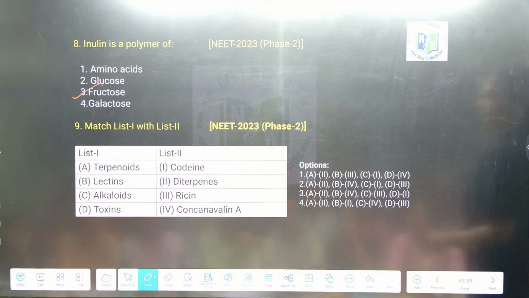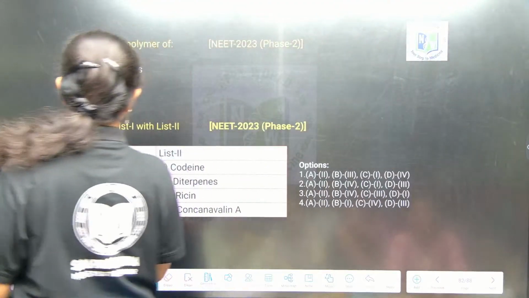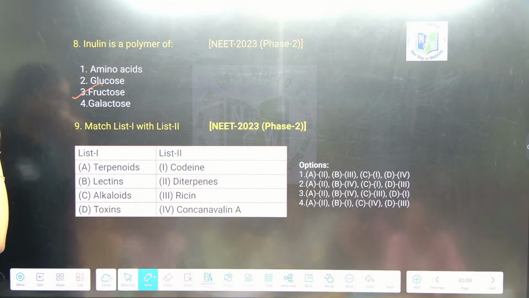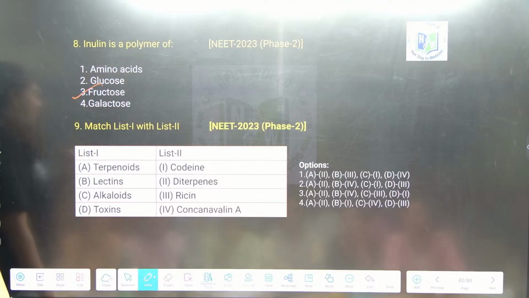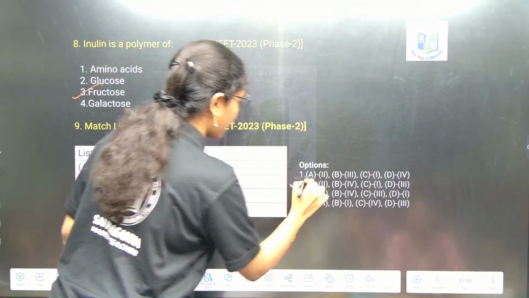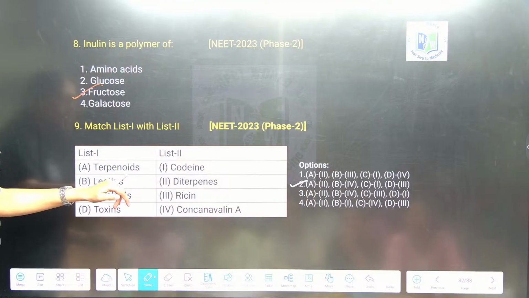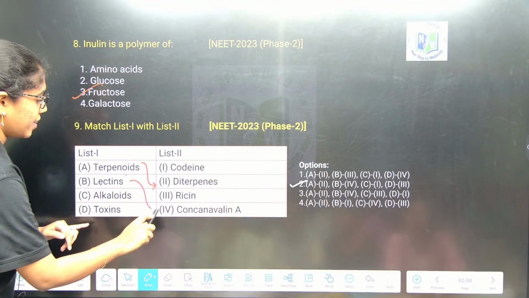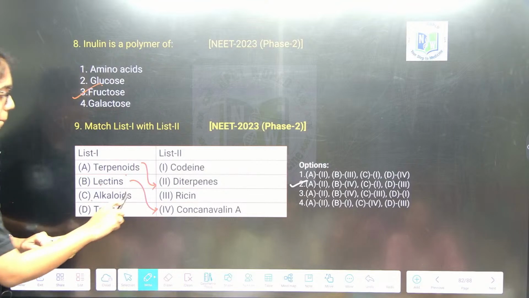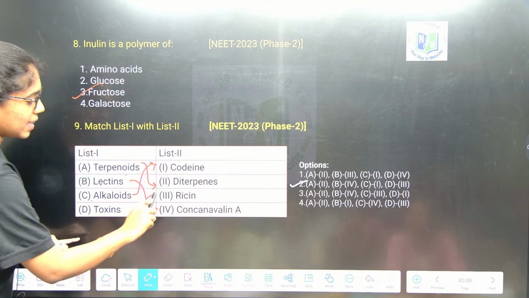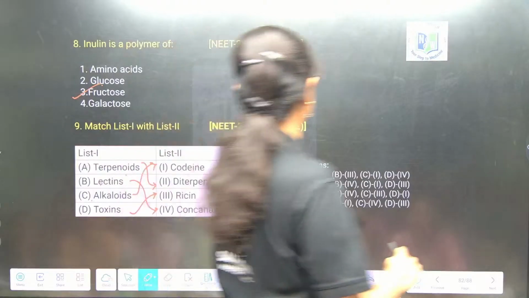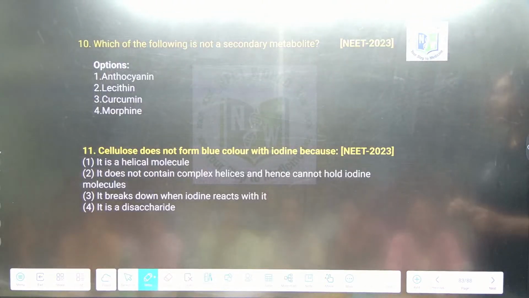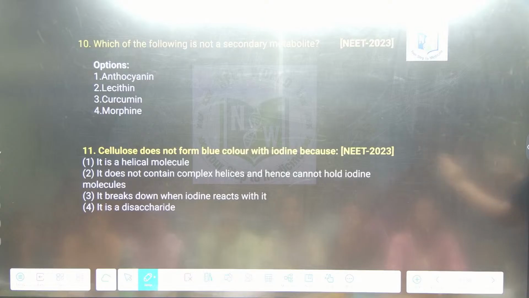Terpenoids? Cool, relax. You are saying B, right? Terpenoids? Lectins? Alkaloids? Toxins? Answer is? Next. Wait, hold on. Question for this team.